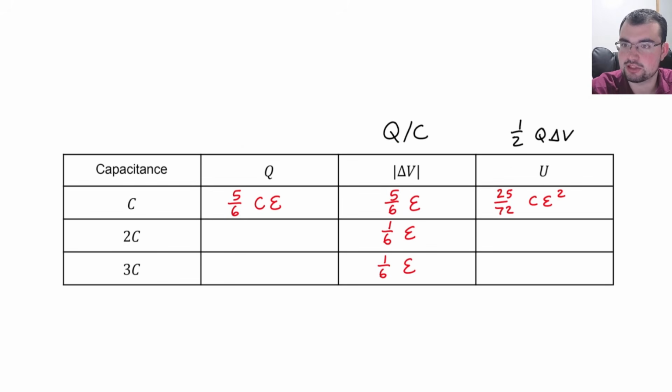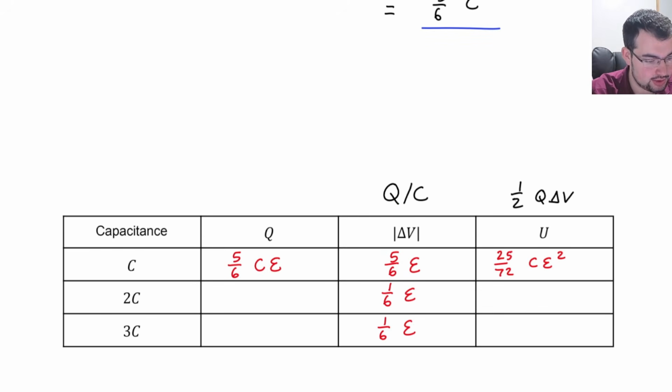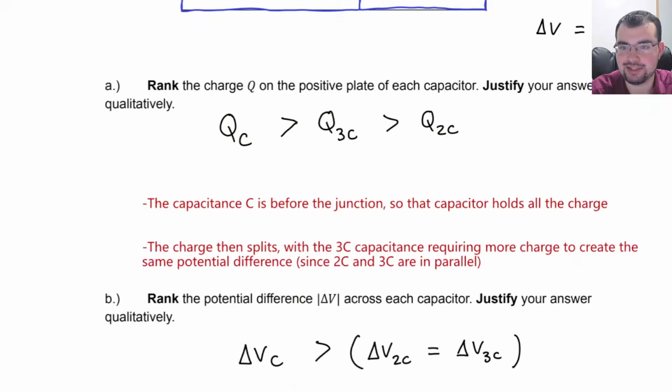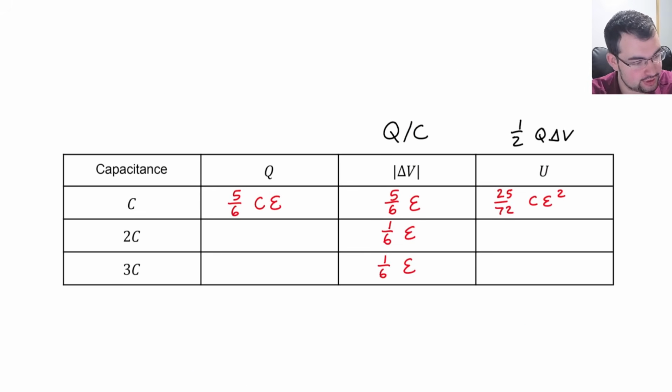So to determine the splitting of the charge, we can actually kind of reason through it, because this capacitor has 1.5 times the capacitance, so it should split in that sort of ratio, but we can just use the fact that Q is equal to CV to do this.